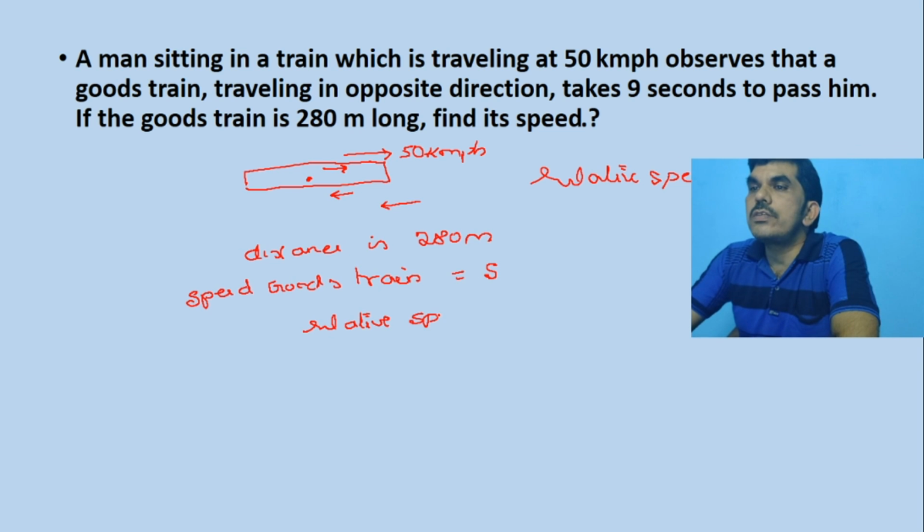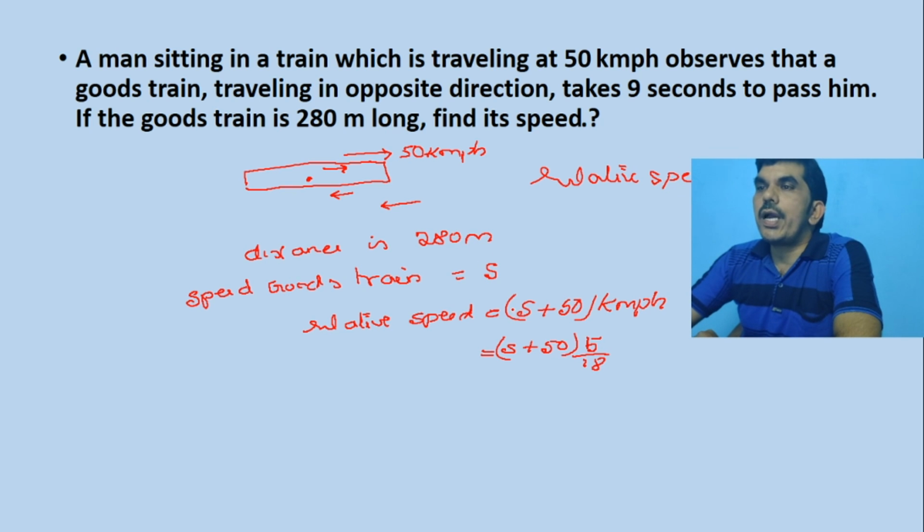Relative speed is S plus 50 kmph. But the distance is in 280 meters, so I need to convert this relative speed into meters per second, mps. So (S plus 50) into 5 by 18.